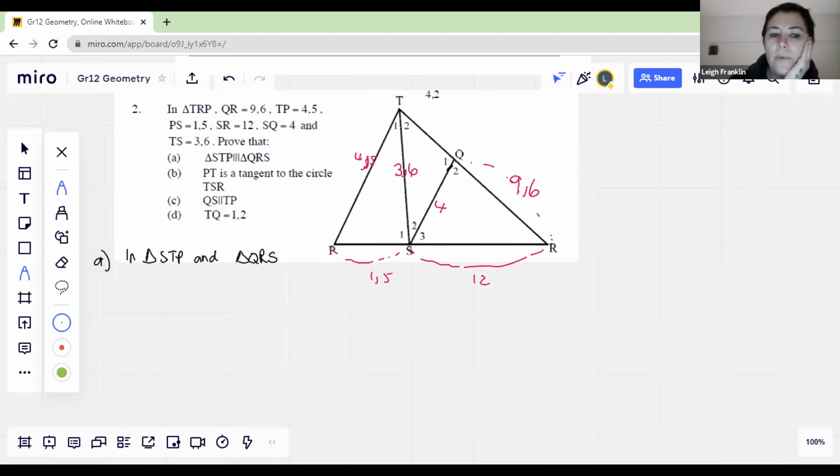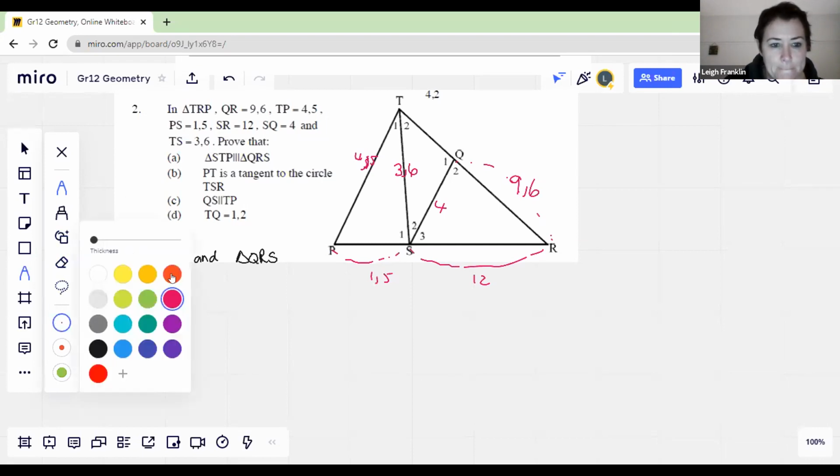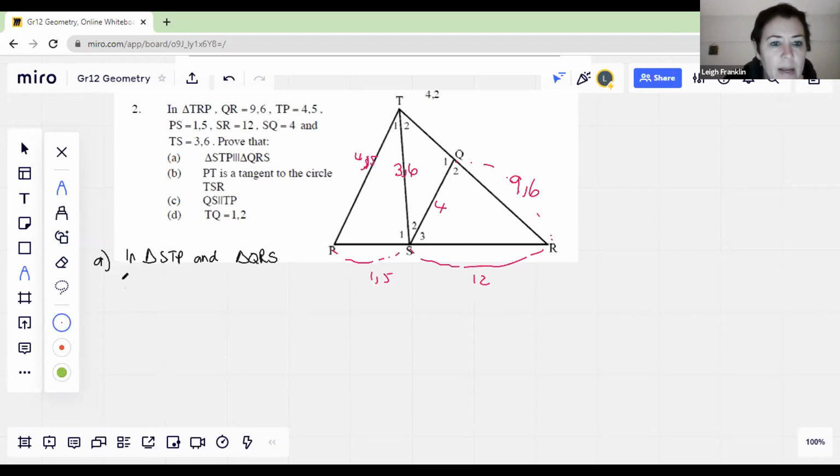Okay, I would like one of you, please, to tell me where I would start. I'm going to prove that these triangles are similar using corresponding sides and proportion. So what over what? ST over QR. Lovely. Swelithle, sub in for me, please. 3,6 over 9,6. Lovely.